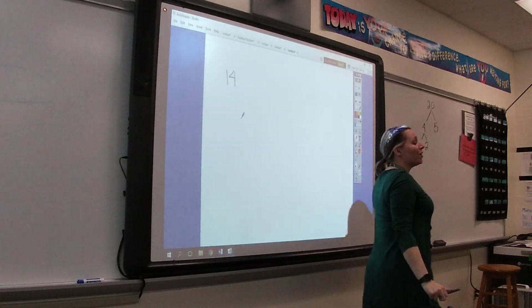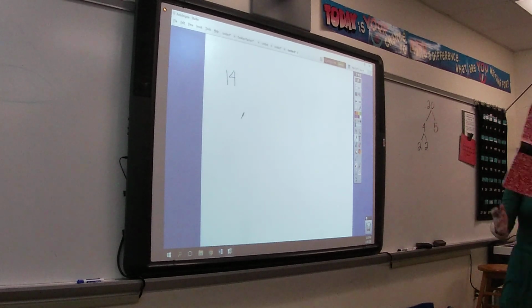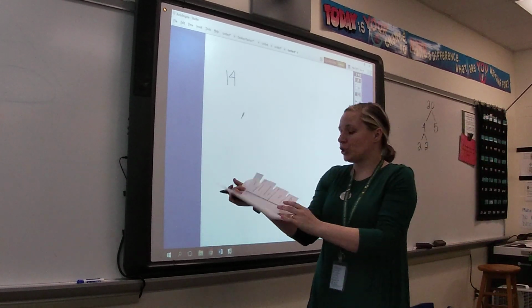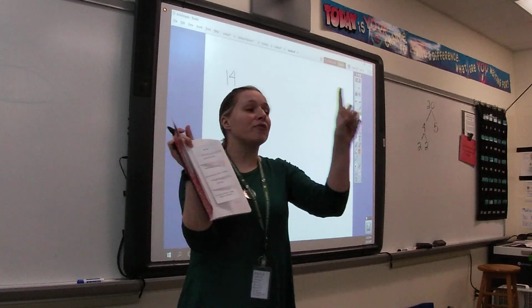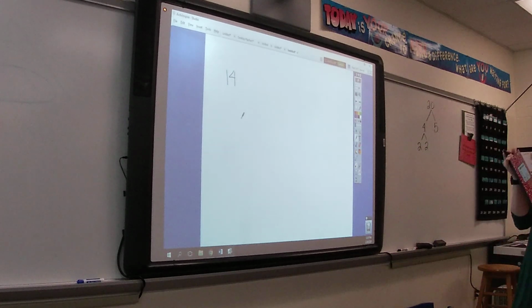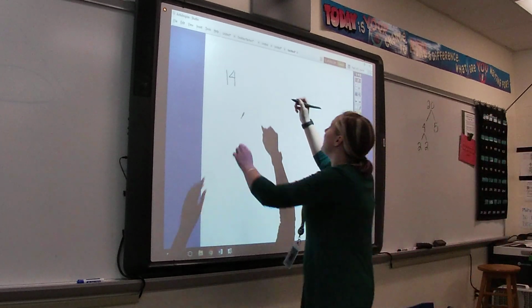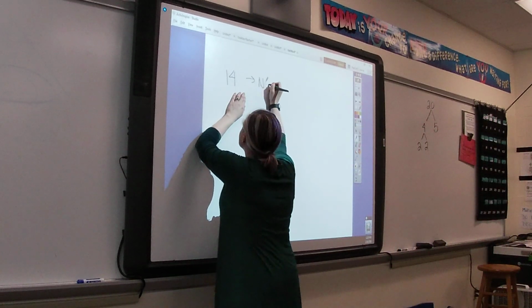If I say the number 14, and we want to decide what number set it belongs to, we're going to find the first place that it appears in the list. Is 14 a basic counting number? Yes. So 14 is a natural number.